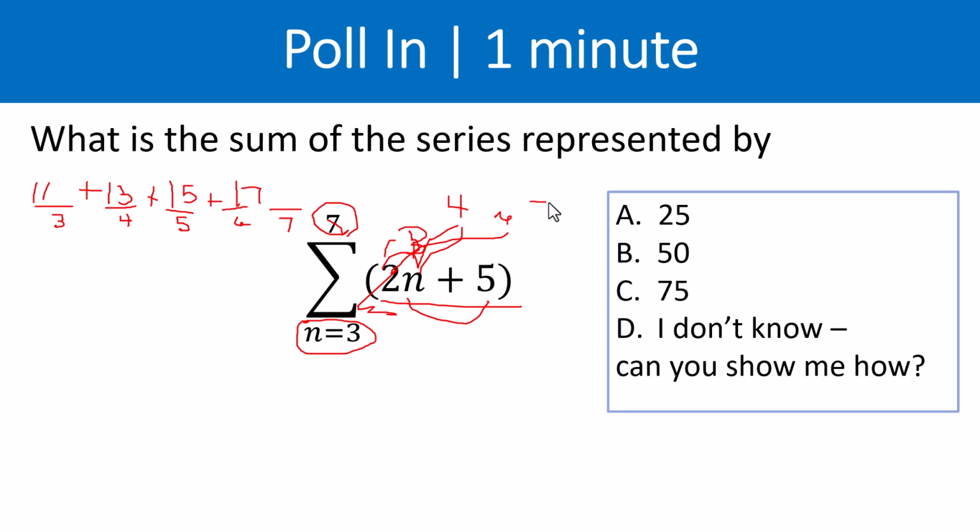And lastly, 7 times 2 is 14, plus 5 is 19. And then we'll sum all of those up. 19 plus 17 plus 15 plus 13 plus 11 is 75.